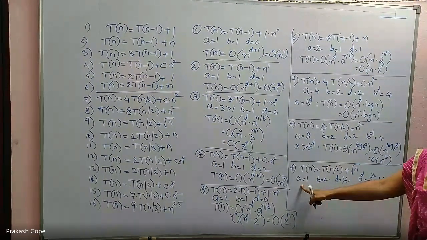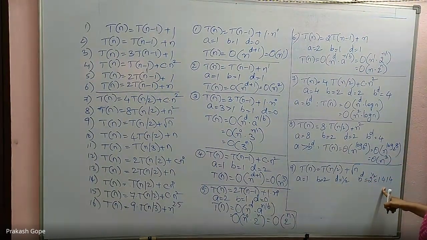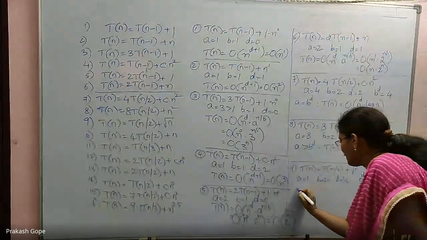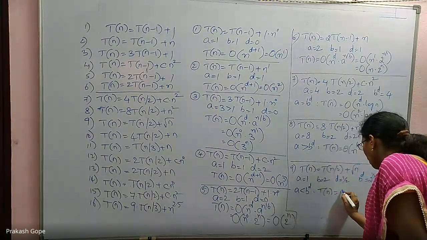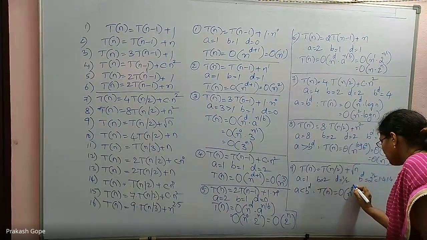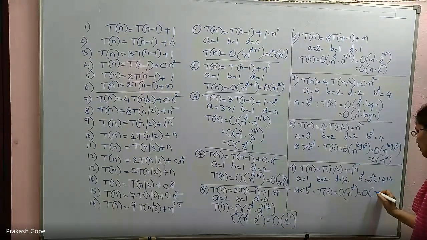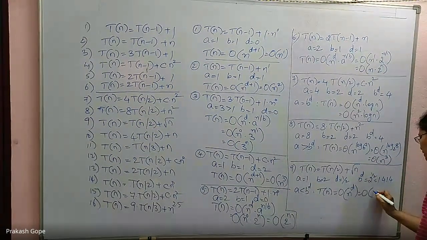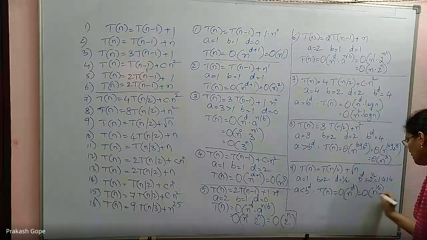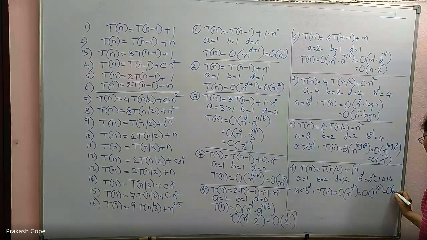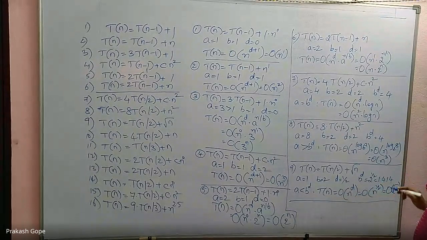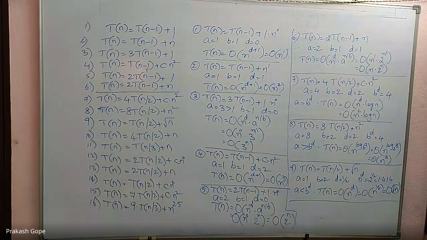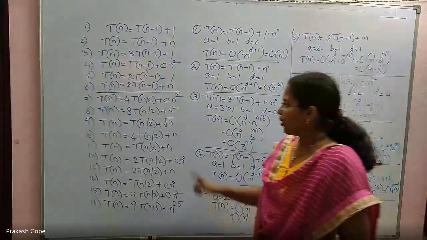So you know A value is 1, B power D value is 1.4. A is less than B power D, correct? A is less than B power D case. So T of n is equal to big O of just n power D. D is 1 by 2, right? So n power 1 by 2 is nothing but big O of root n. The answer is big O of root n. Next question.